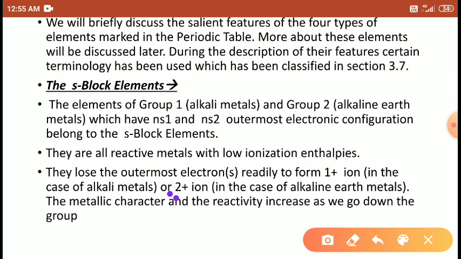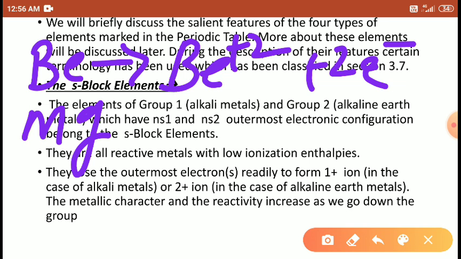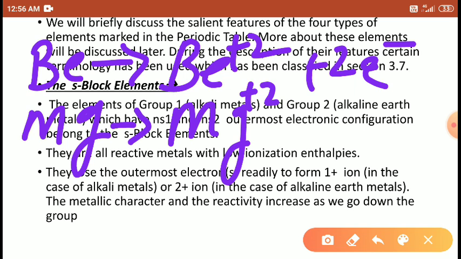Group 2 elements lose 2 electrons and attain the plus 2 state. For example, beryllium loses 2 electrons to form beryllium plus 2. Magnesium forms Mg plus 2 by losing 2 electrons.